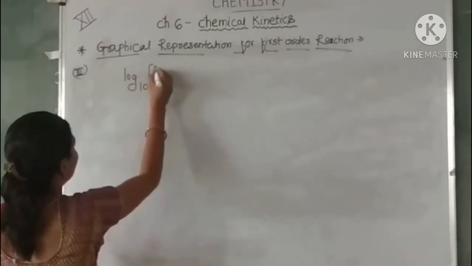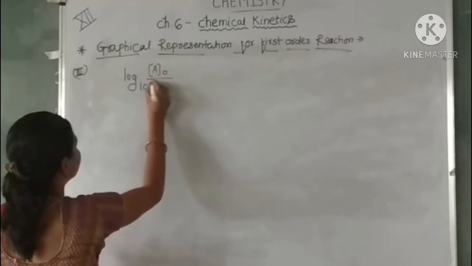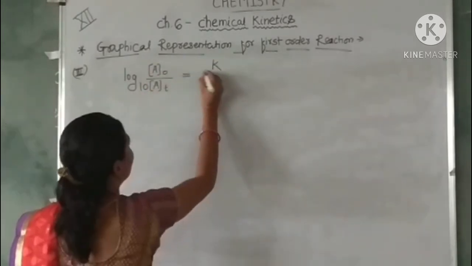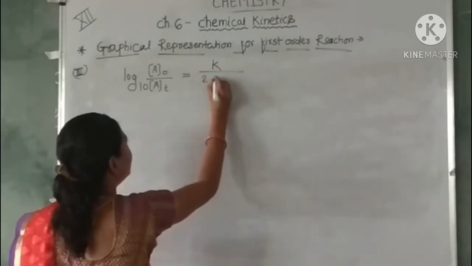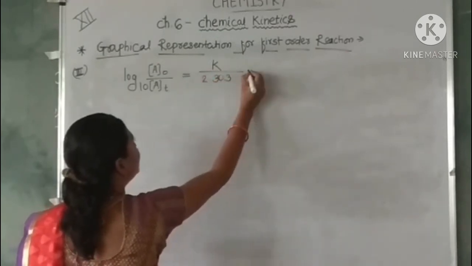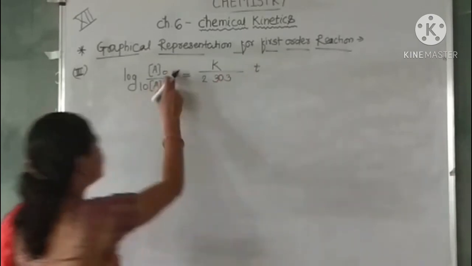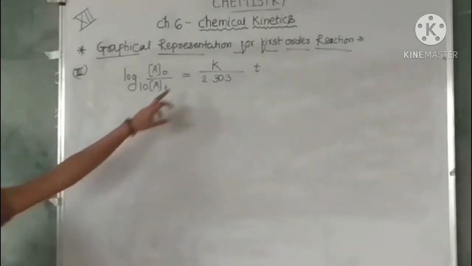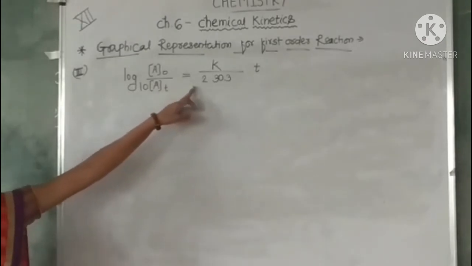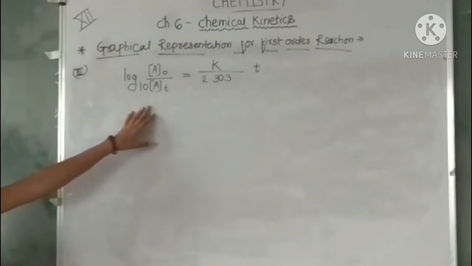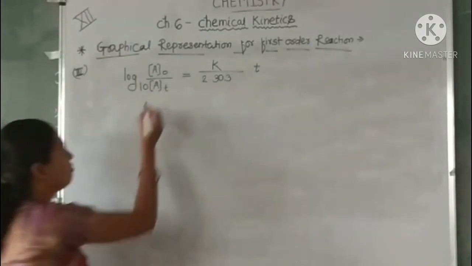Log to the base 10 A0 upon At equal to K upon 2.303 into t. We write it in the y is equal to mx form.